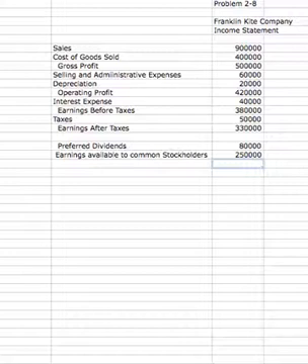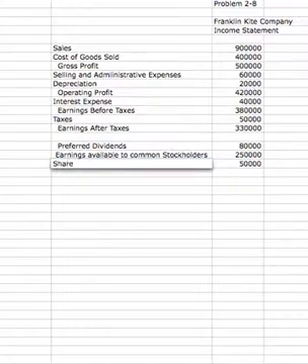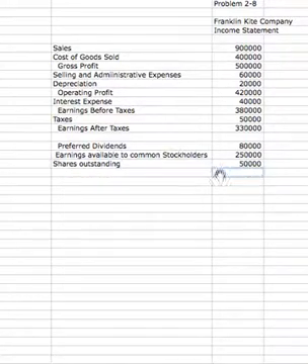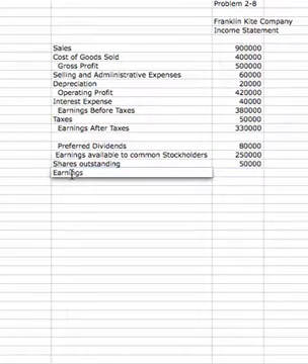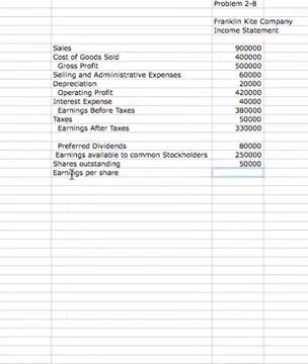So to determine how much in earnings per share that would be, we have to take a look at the number of shares outstanding, and it looks like it's 50,000 shares outstanding, which means that we have earnings per share of this number, $250,000 divided by the number of shares outstanding, which is 50,000.